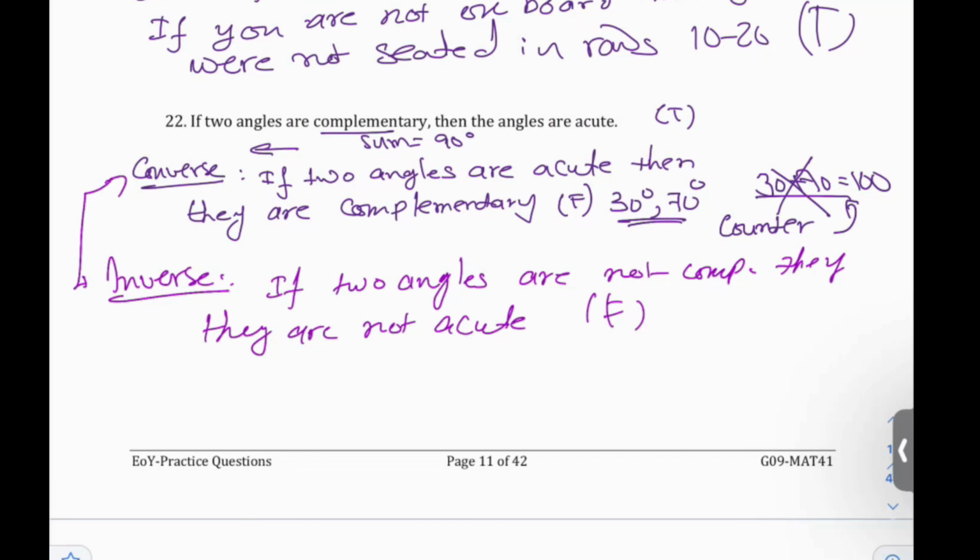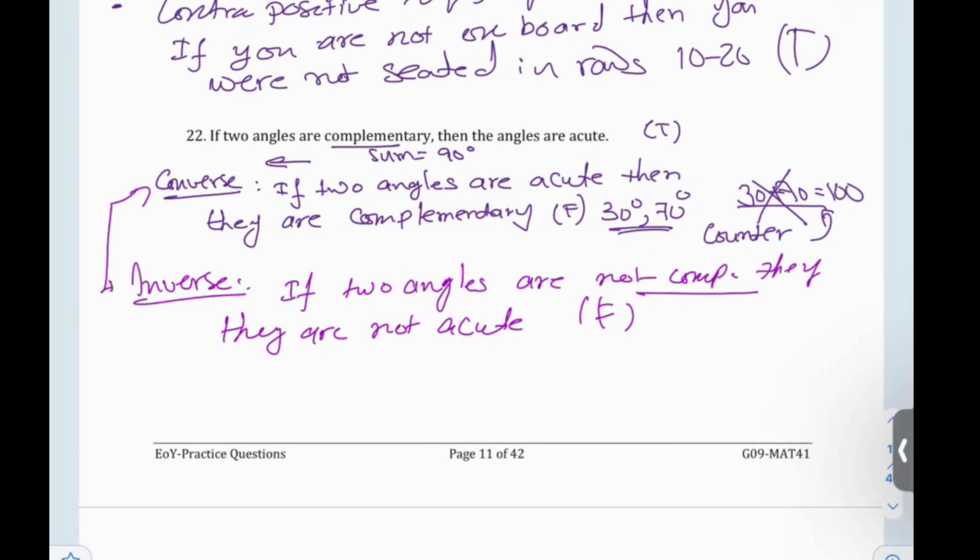What is the evidence? What is the counter example? Let's see two angles that are not complementary, for example, 30 and 40. They are not complementary. They do not add up to 90 degrees. But this is acute and this is acute.